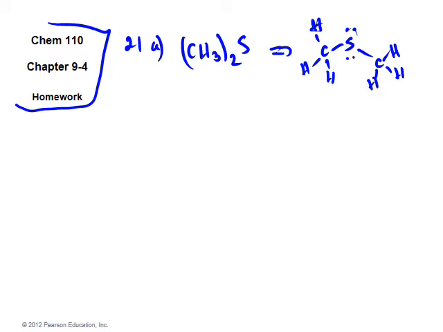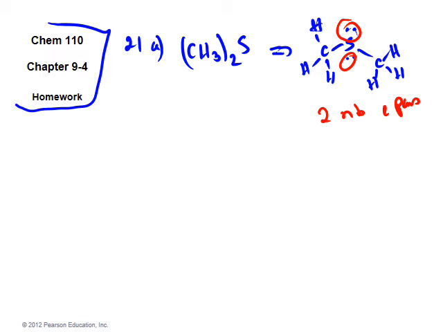Keep in mind, hydrogen cannot have more than 1 pair of electrons or 1 bond. So in part A, the number of non-bonding electron pairs, let me highlight them, 1, 2. So there are 2 non-bonding electron pairs. So that's 21A.